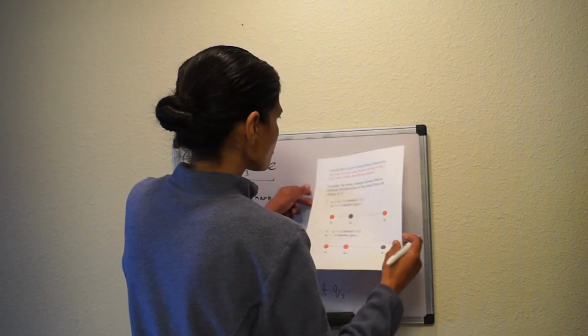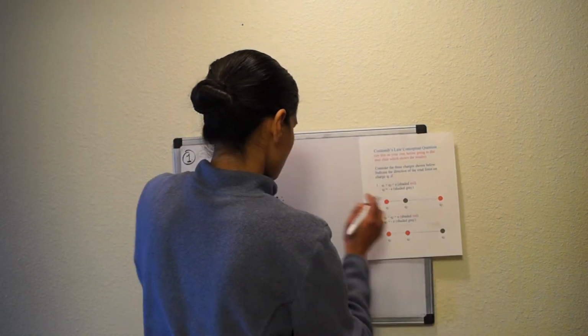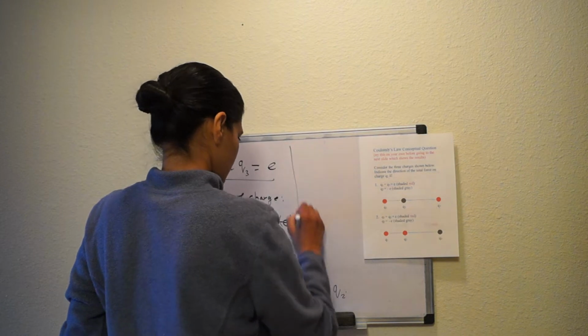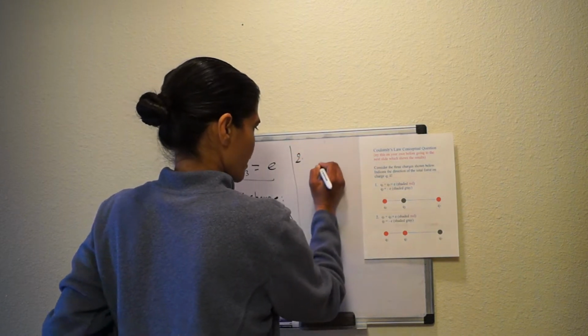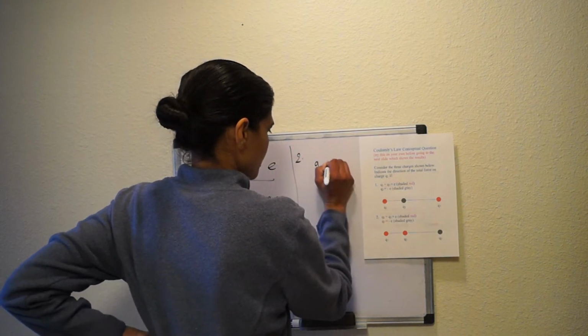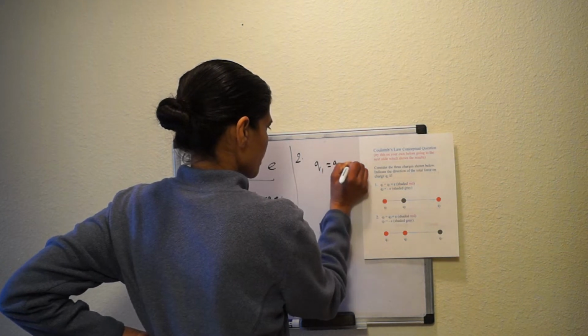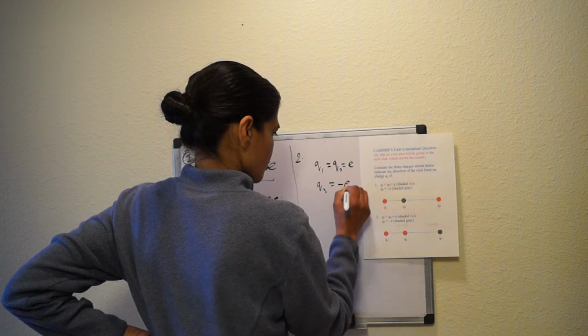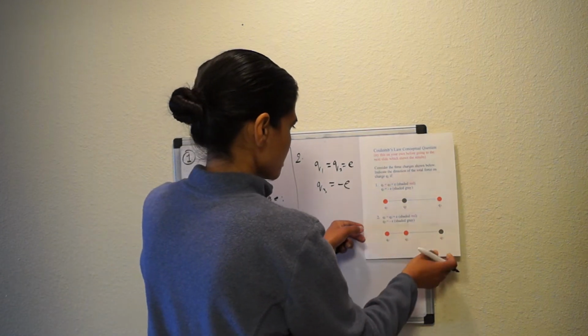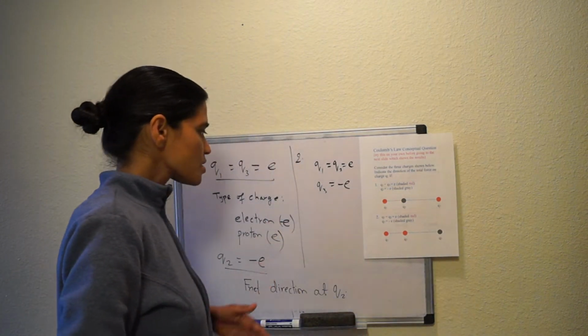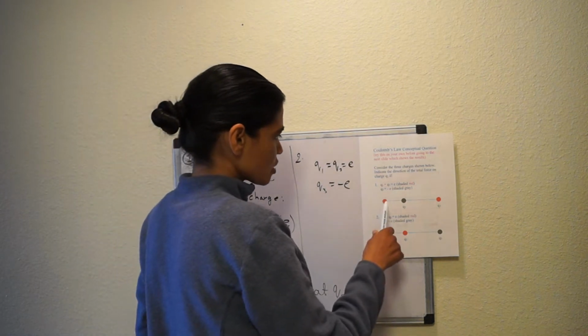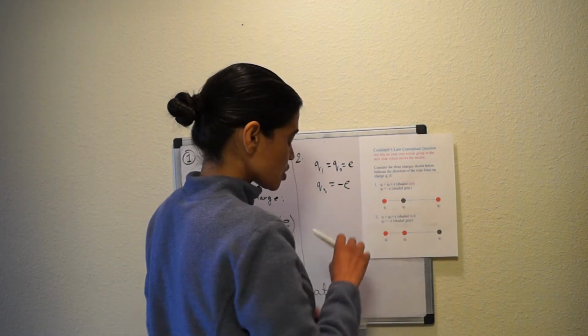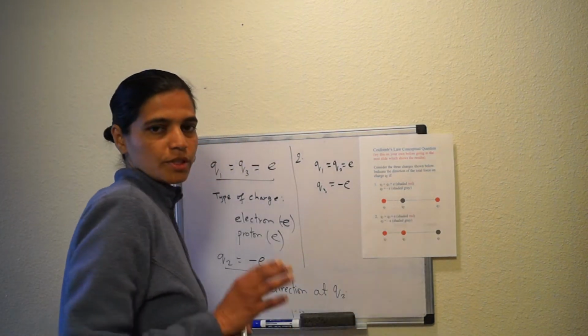For number two, you have Q1 the same as Q2 equal to E, but then Q3 is minus E. Okay, so I'm going to leave this here as well, so you guys can see. See what would be the net direction of the force at this position of Q2. Okay, so please try this out.